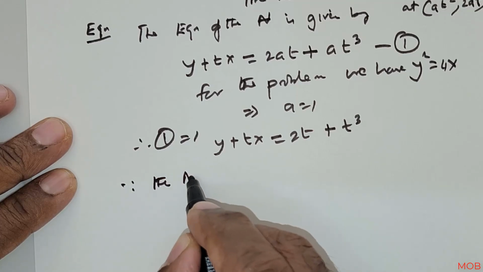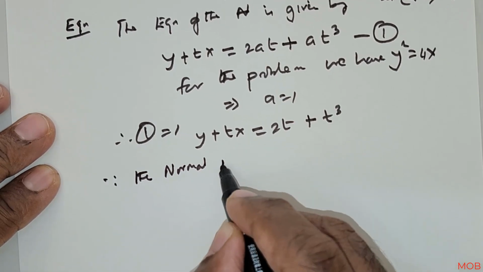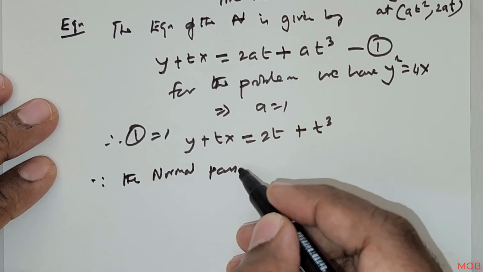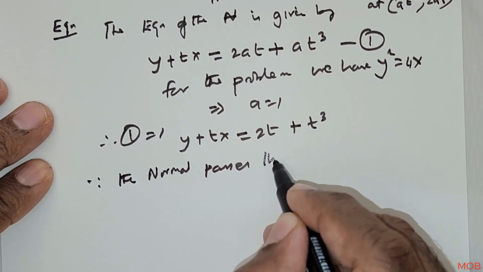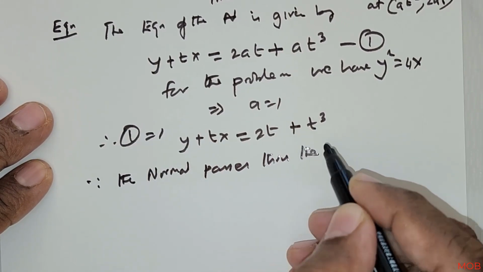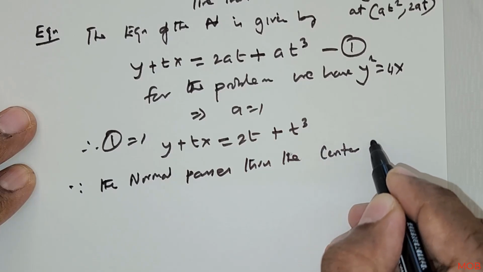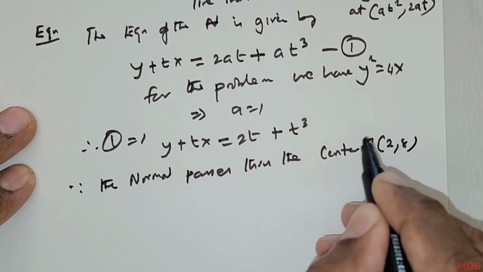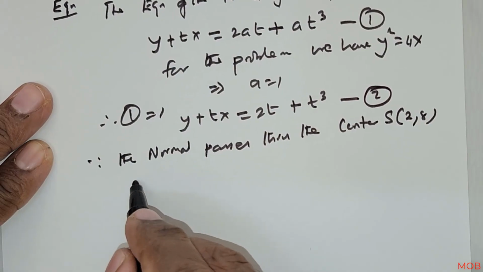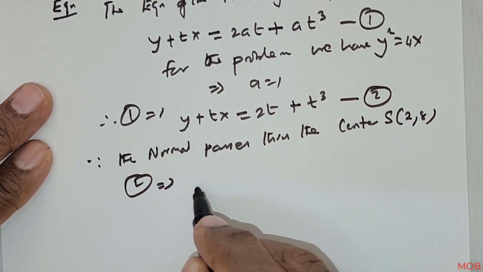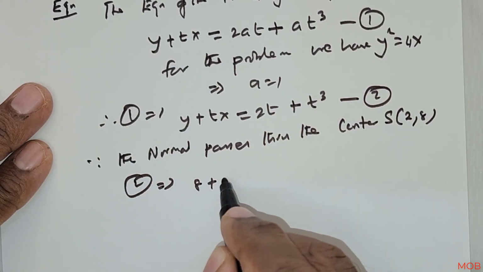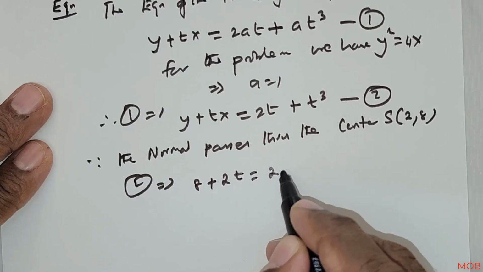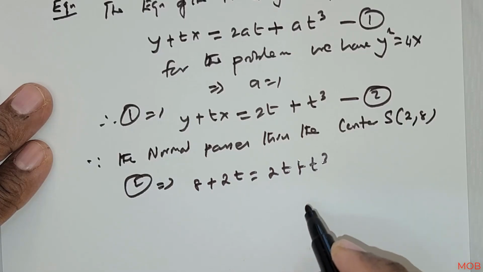Since the normal passes through the center S (2, 8), this can be rewritten as 8 + 2t = 2t + t³.